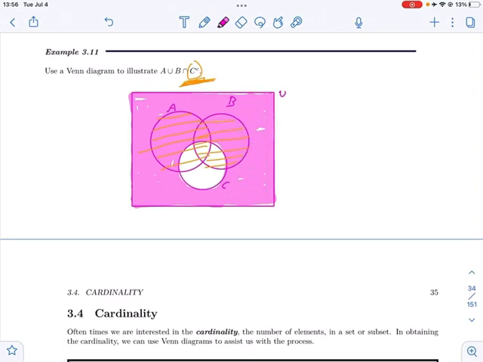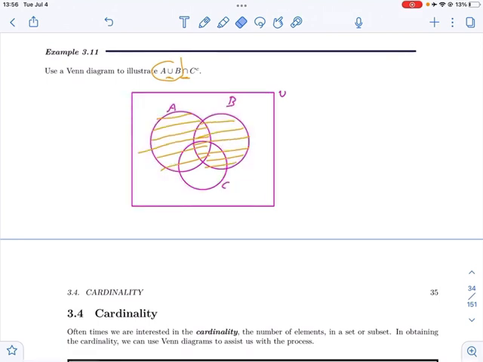Now, the union means everything together, and the intersection is just the common elements. So the common elements between the union, the shaded region, and the complement, everything outside C, will be the region here.